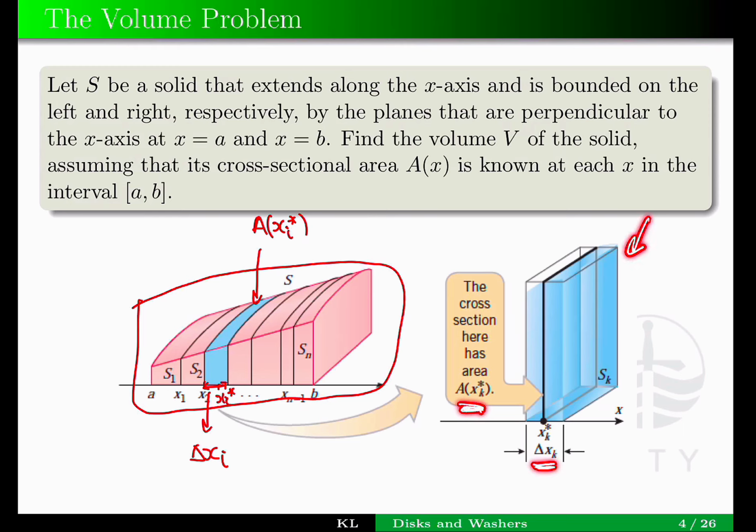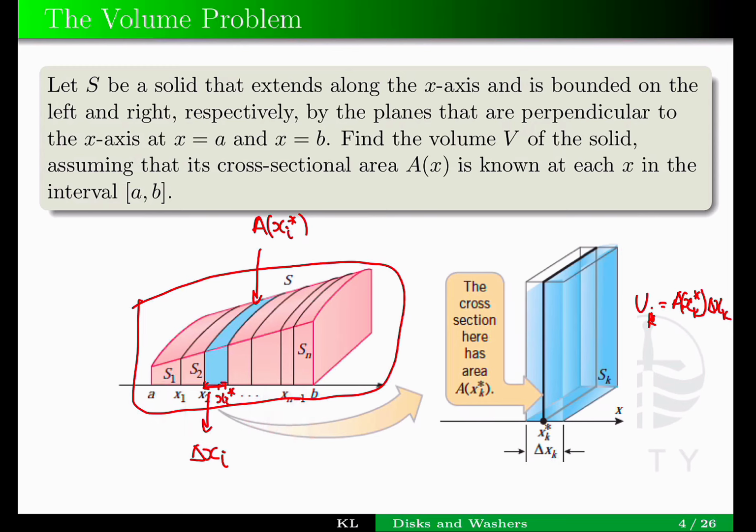Then the volume of this particular slab, V sub k, will be equal to A of x sub k star times delta x sub k. Okay? And we can do this to all the pieces of that solid.